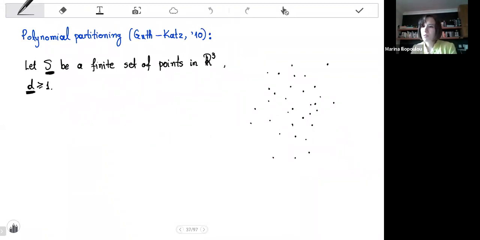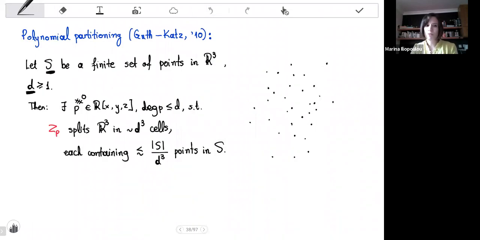We get an arbitrary set of points in R^3, and a quantity bigger than 1, so that it can play the role of the degree of some polynomial. This theorem says that you can chop up this set of points in sort of equal parts using the zero set of a polynomial of at most that degree that you chose. So we'll see how that is useful.